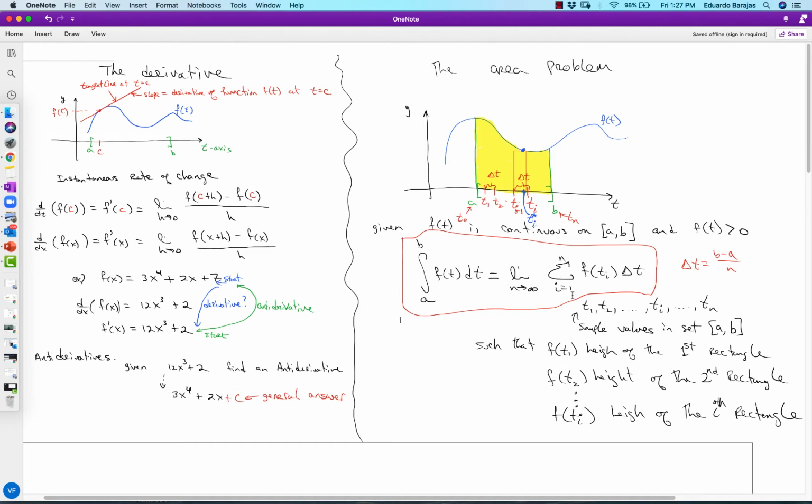So this is definitely not an easy way of finding that area, but we worked with it. Okay, so the fundamental theorem of calculus is a way of connecting all of these ideas. They look like they're separate, they have nothing to do with each other, but the theorem allows us to connect them all together and see that they're two sides of the same coin. Okay, so let's see what the fundamental theorem of calculus says.